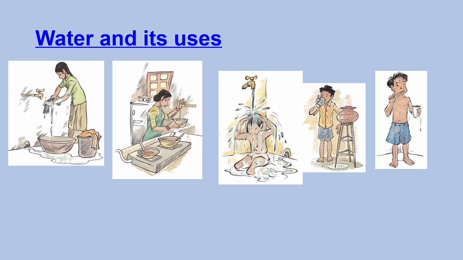So let us understand what are the different uses of water. We use water not only for drinking purposes, but as shown in this figure, we use it for washing clothes. In the second picture, for cooking purposes.